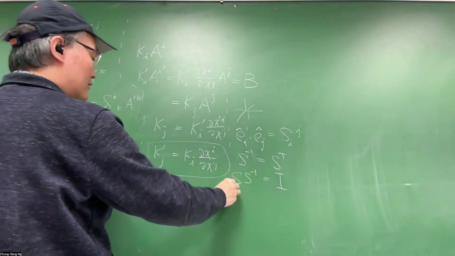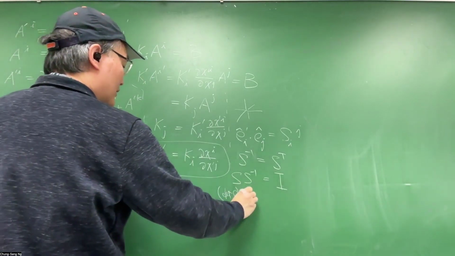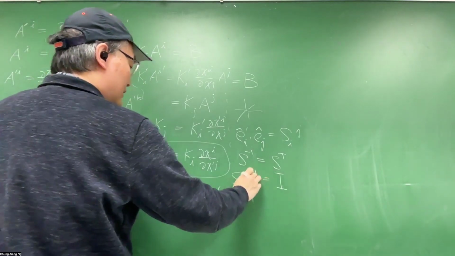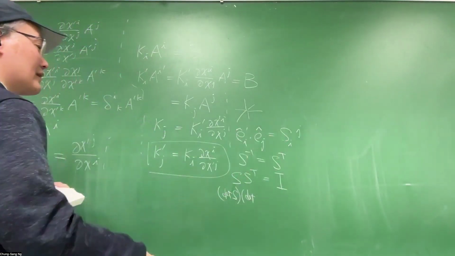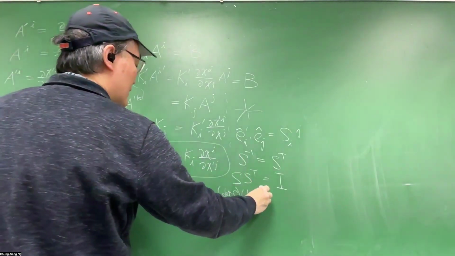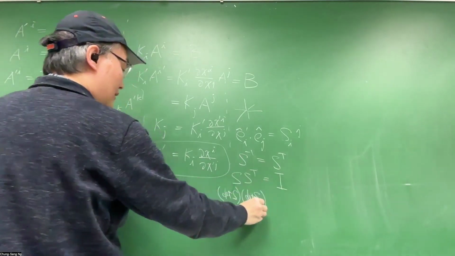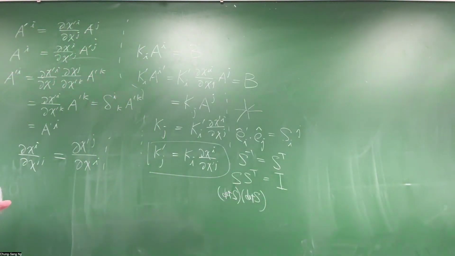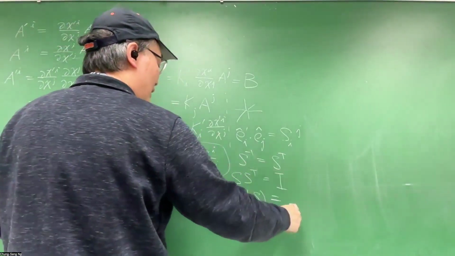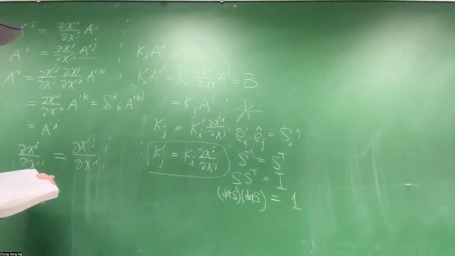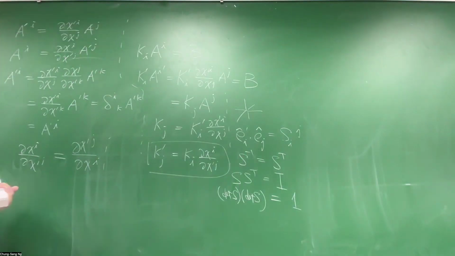So the determinant of S multiplied by the determinant of S transpose, where the inverse is just the transpose for this Cartesian transformation, and the determinant of S transpose is the same as the determinant of S, because the determinant is unchanged by a transpose, and the determinant of the identity matrix is 1. So the determinant squared is 1 for rotation.